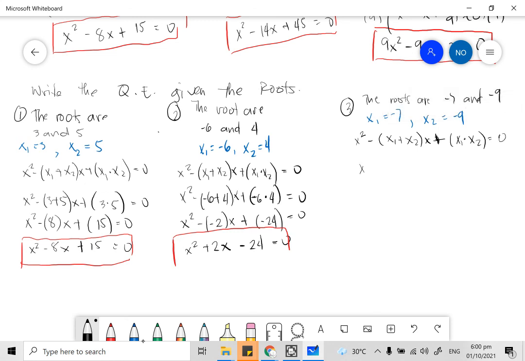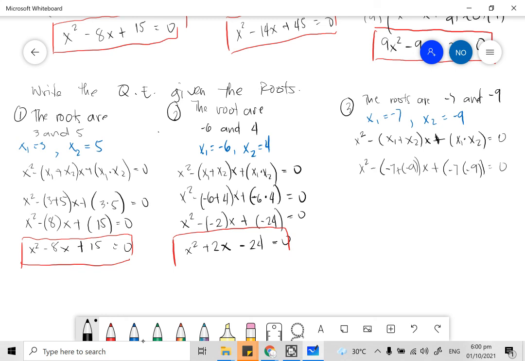We have x squared minus negative 7 plus negative 9, variable x plus the quantity of x sub 1. Sorry, x sub 1 natin is negative 7 pala. Negative 7 times negative 9, x sub 2, ayan, equal to 0.